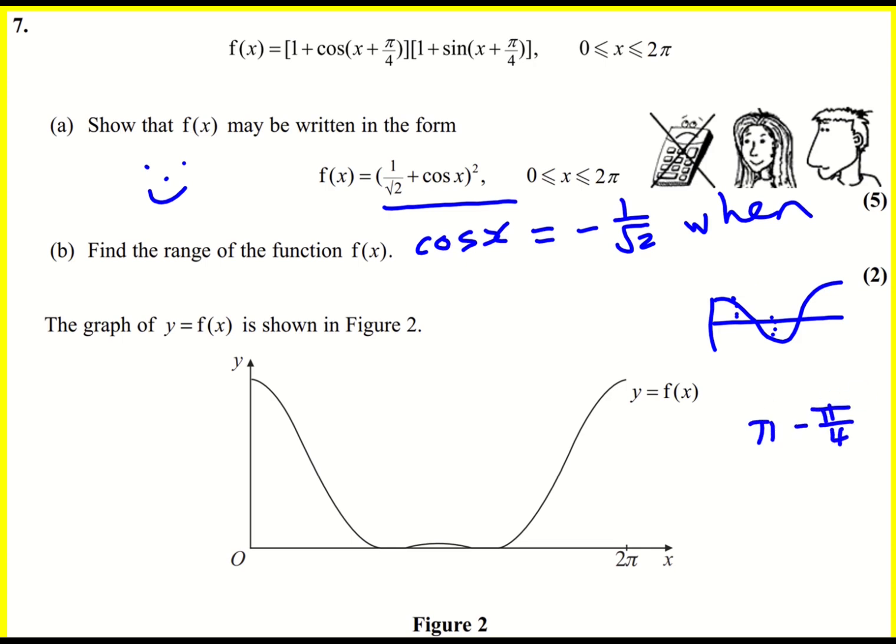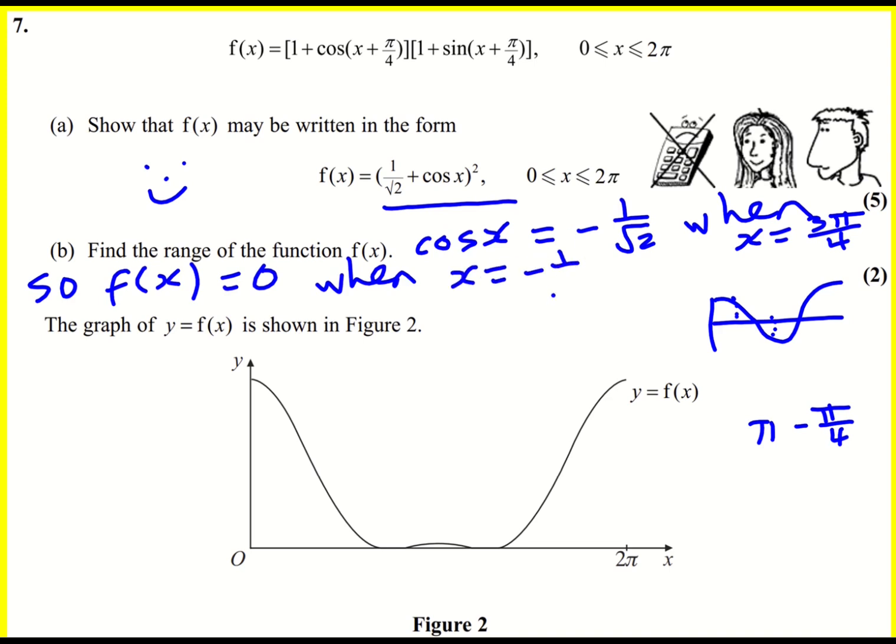It's going to be 3/4 pi. So f of x equals 0 when x is equal to 3 pi over 4. Just proving that we can get 0, basically.